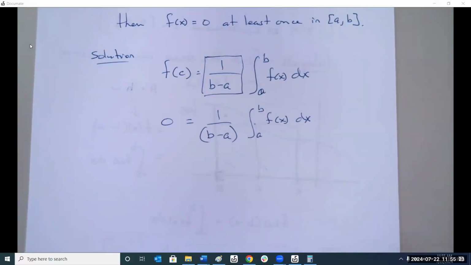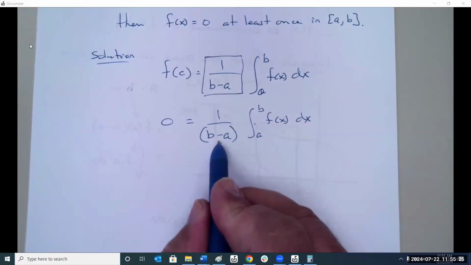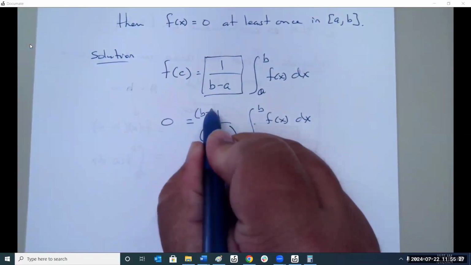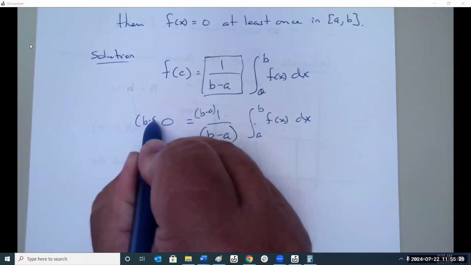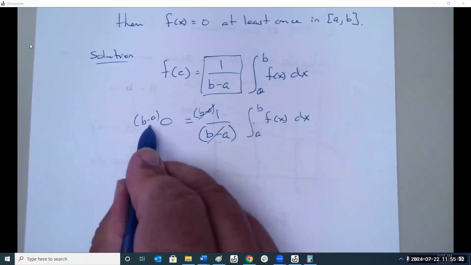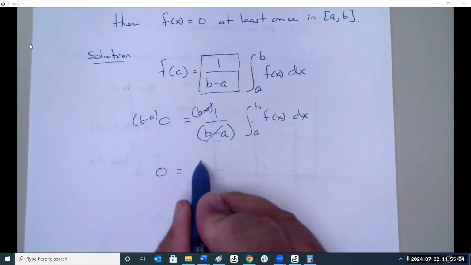Well, let's work it out. If we multiply both sides by B minus A, that still equals 0.